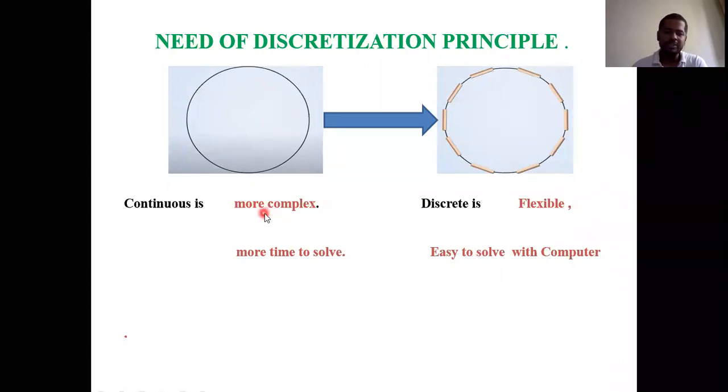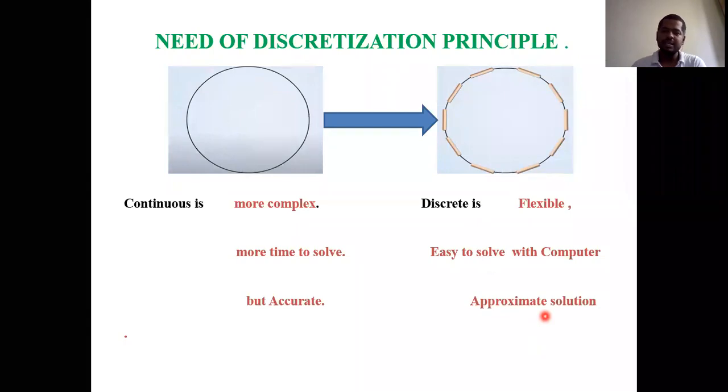But coming to the continuous, it becomes more complex and takes a very long time to solve. And one more important thing is, in the continuous case you will get an accurate result, but in the discrete case you will get an approximate solution, because somewhere you will get some error in between these many subintervals.